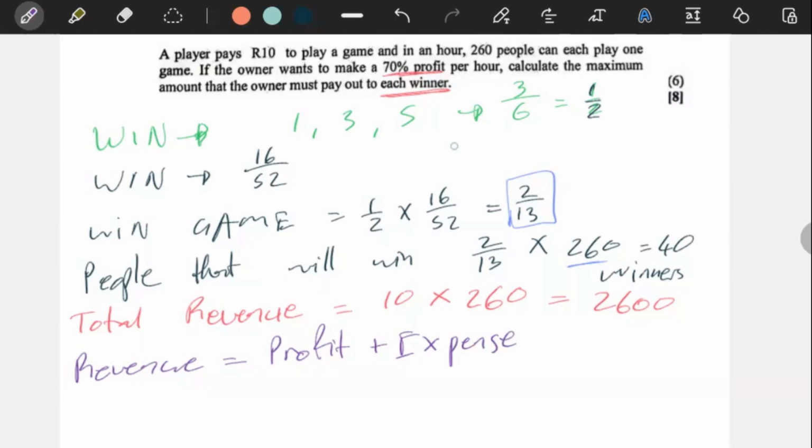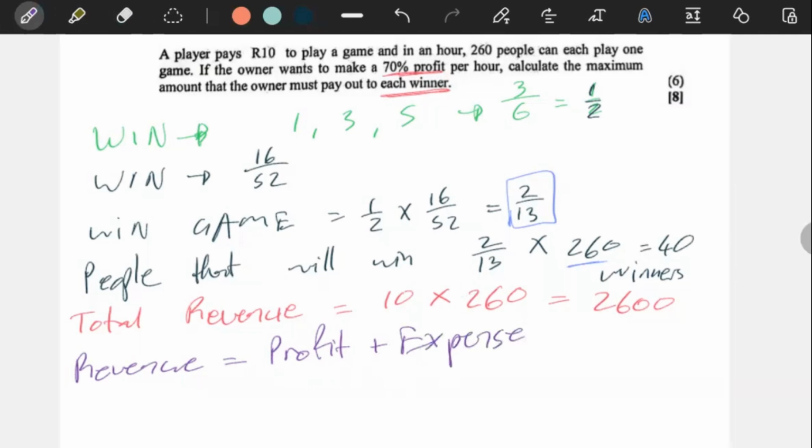So this 2,600 that you're getting is all your profits plus whatever you spent to host all these people.